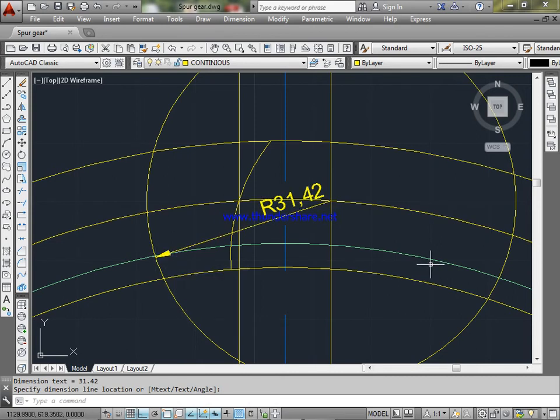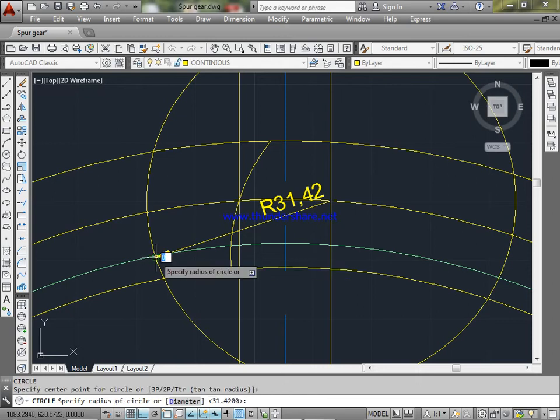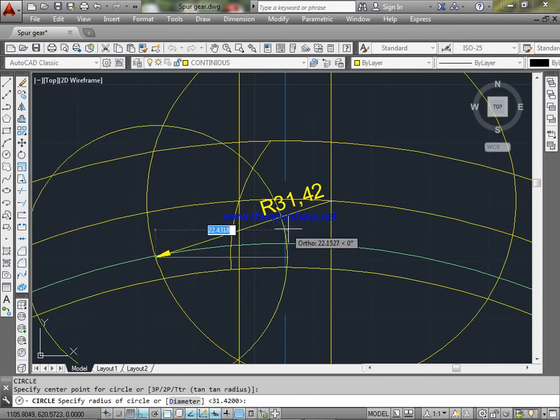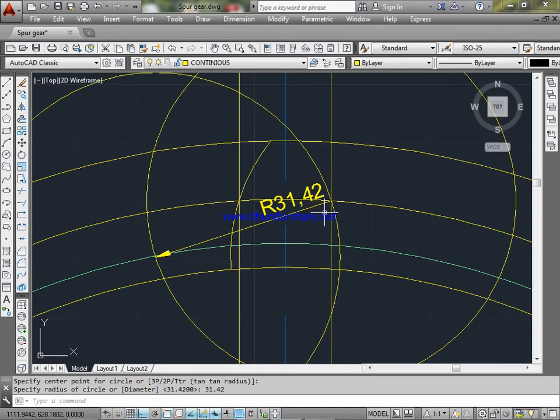Then draw another arc from where the base circle touches with radius 31.42, the measurement of circular pitch.